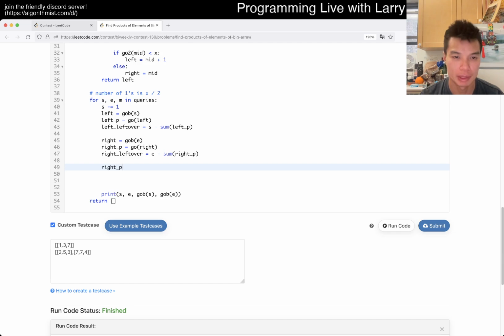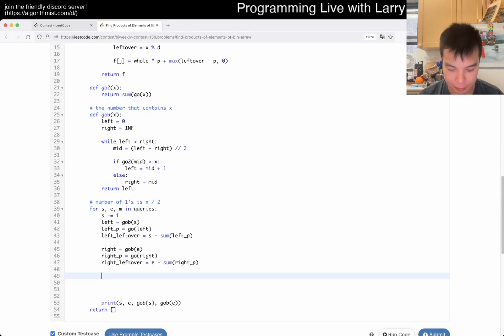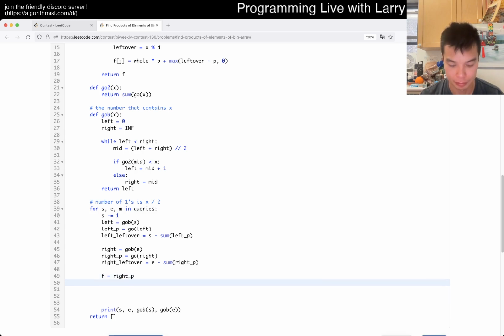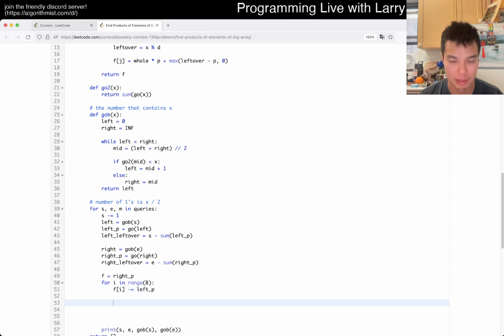Okay, then it's just right p minus left p, right? In an array kind of way. And then now we have to care about the leftovers. The leftovers is just 1 number, right? So then it's just the first leftover bits, right? Yeah, it should be okay.